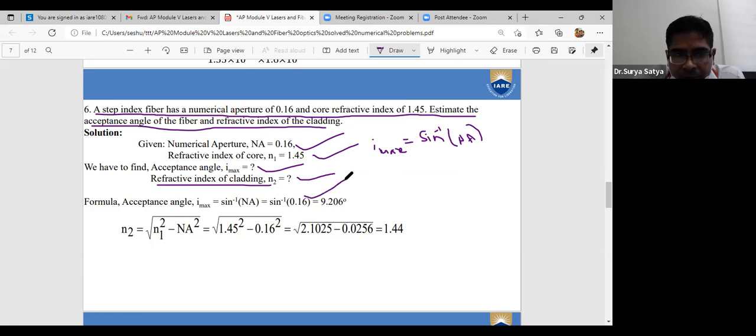With NA given as 0.16, the estimated value is 9.206 degrees. Therefore N2 is equal to the square root of N1 squared minus NA squared. 1.45 squared minus 0.16 squared is 2.1025 minus 0.0256, which is equal to 1.44. So that is the refractive index of the cladding.